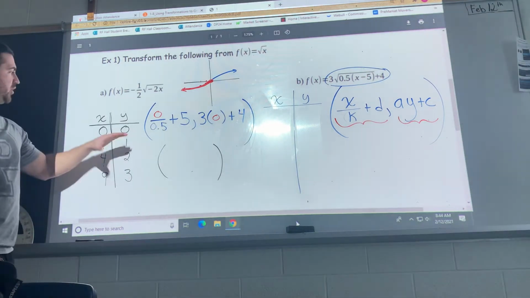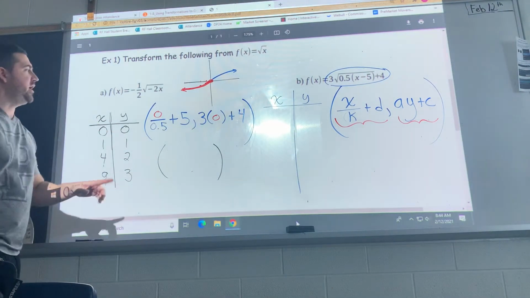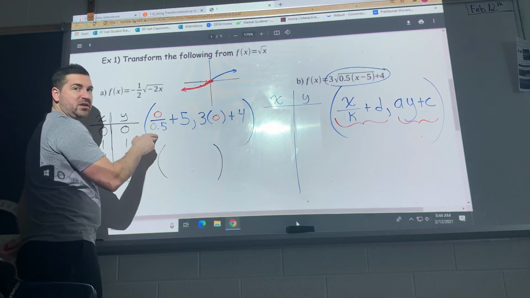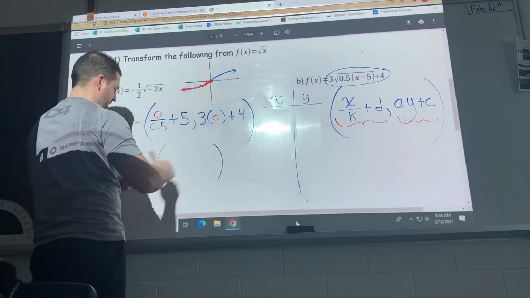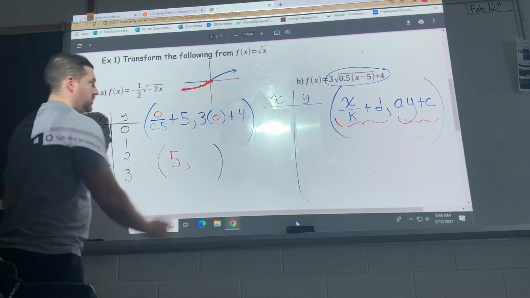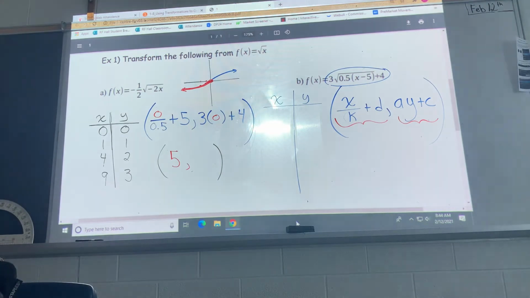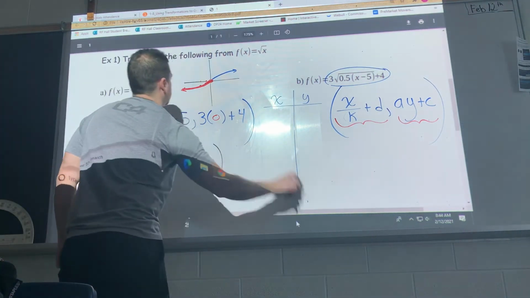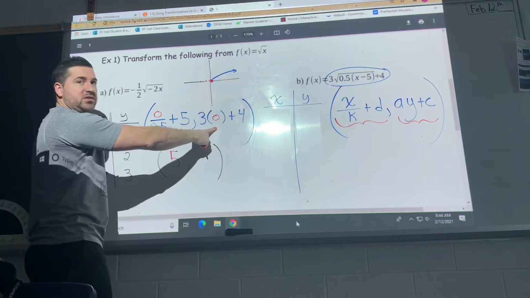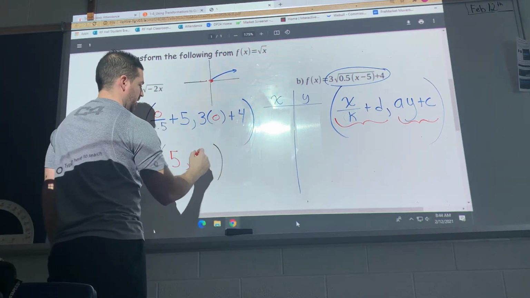So now again, we're going to do each point. Okay, so we're starting with 0, 0. 0 divided by a half is 0, plus 5 is 5. Three times 0 is 0, plus 4 is 4.